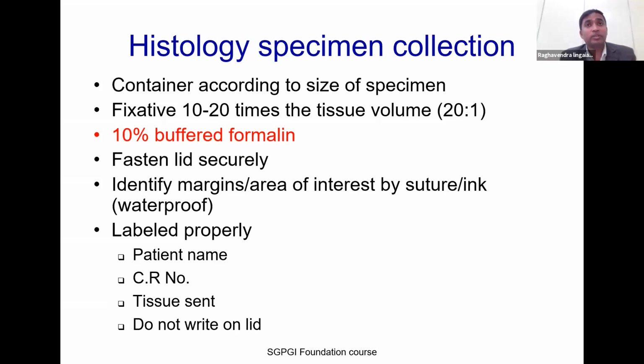It is better to identify the margins of interest with a suture or ink, and also mark the distal or proximal ends with the help of sutures, and give proper indications. Label the container with the details of the patient name, CR number, and the tissue being sent, and please don't write it on the lid.